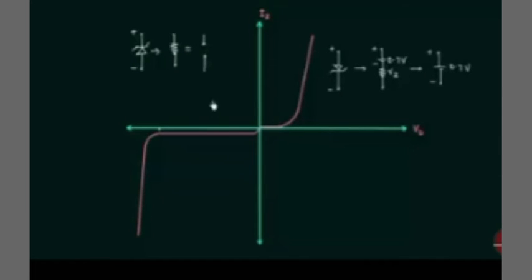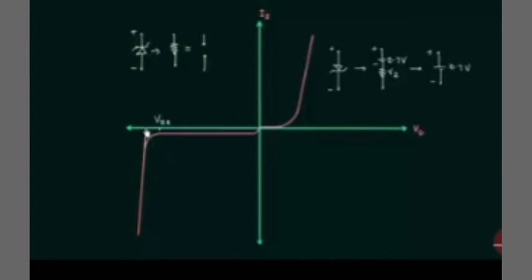Now we will move to the most important part of the lecture. We will try to obtain the equivalent model of the Zener diode. When there is breakdown, this voltage is Vz. This is the knee point voltage, Vz naught. If we extend the linear region, it will cut the voltage axis at this point.